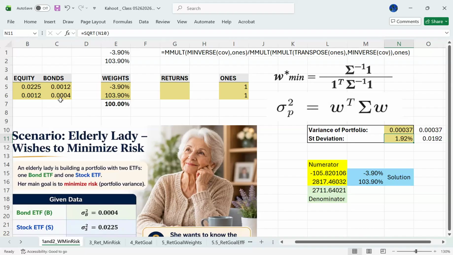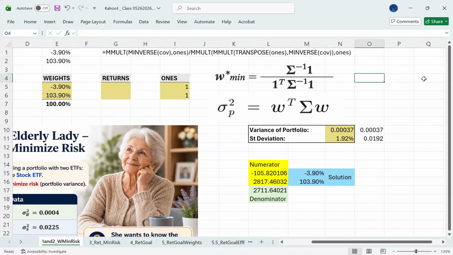Okay, now let me give you another little hint. This expression in matrix form, there is a shorter formula that works only when we have two assets. And that formula, we can use it to confirm that these weights are correct again.